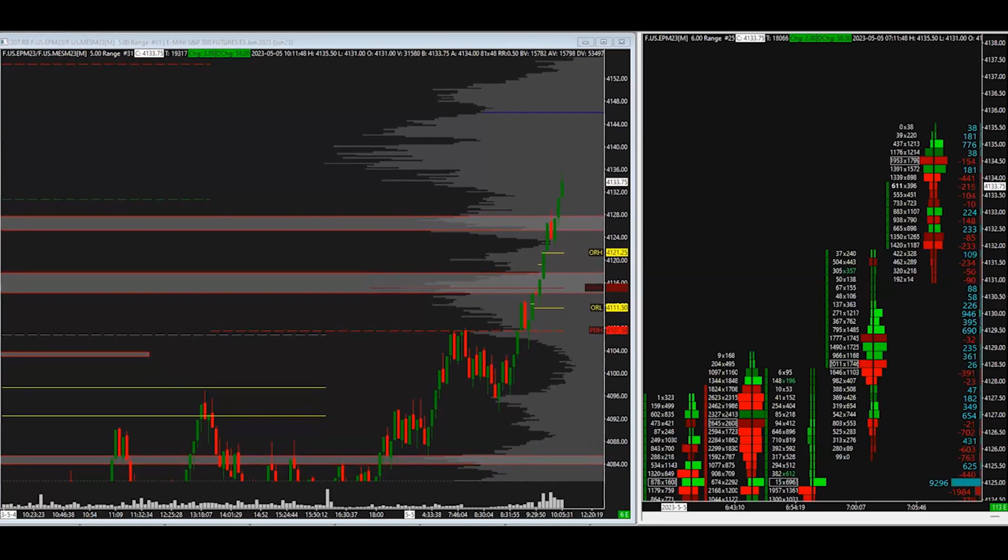I'm just holding 23s. Maybe we see 38s, 38, 40. That'd be a nice little target. Position's still up like 12 handles.